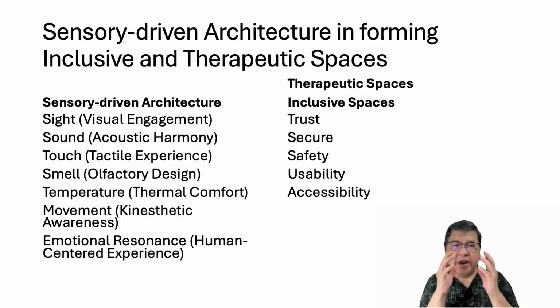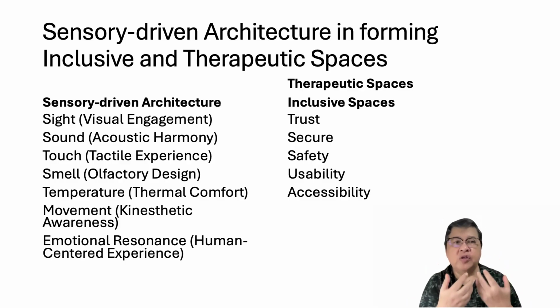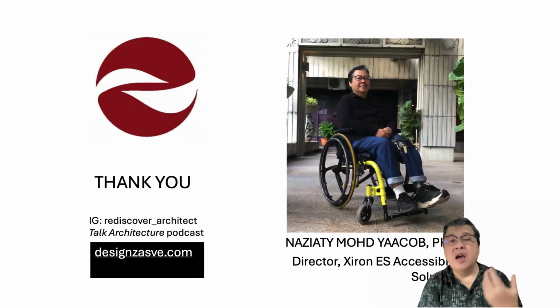In the end, the goal is that once you have achieved a multisensorial approach, or at least engaged with more of the sensory-driven principles, you could have more therapeutic, inclusive spaces. That's the assertion of the proposition.